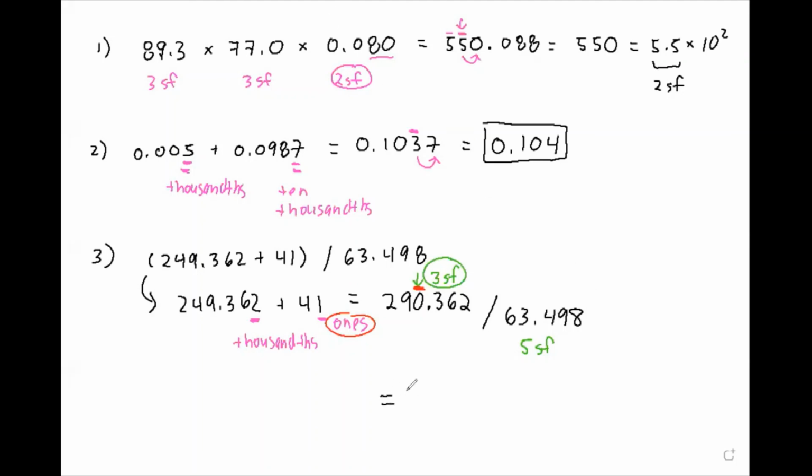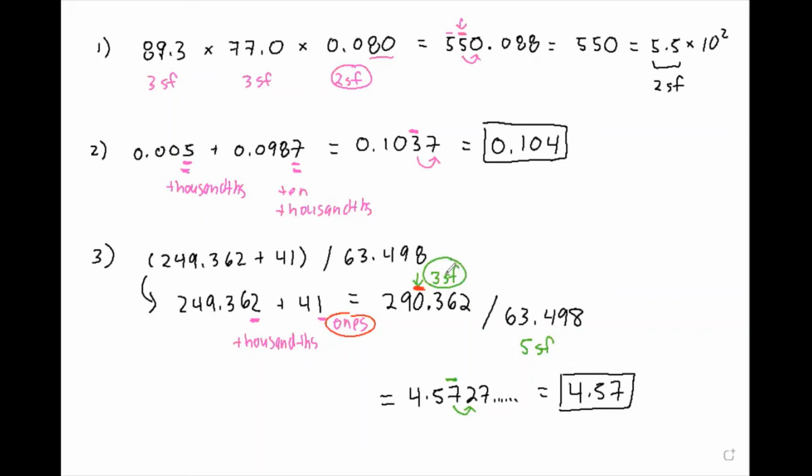So on my calculator, I get 4.5727 and a bunch more digits. But we need to round that to 3 sig figs, which is this 7 here. So we look to the right and it's a 2. So we're going to leave that 7 as a 7 and cut off all the other digits. So we get for our final answer 4.57.